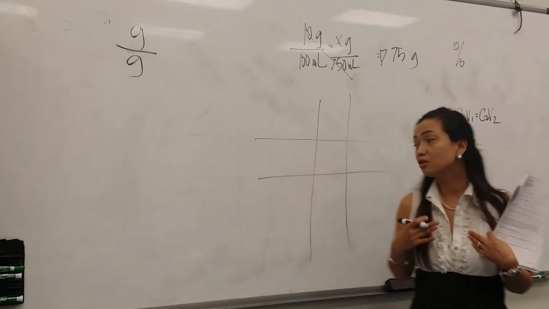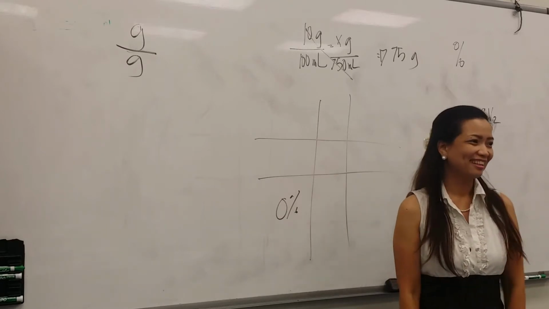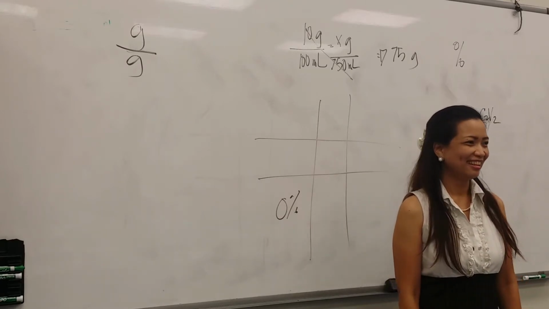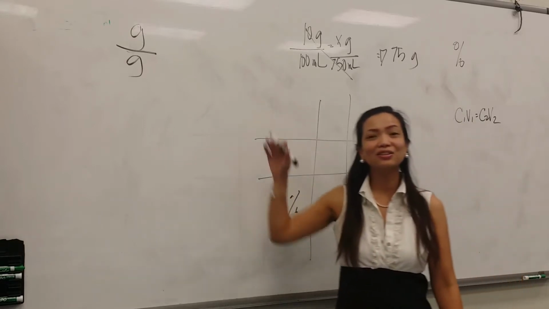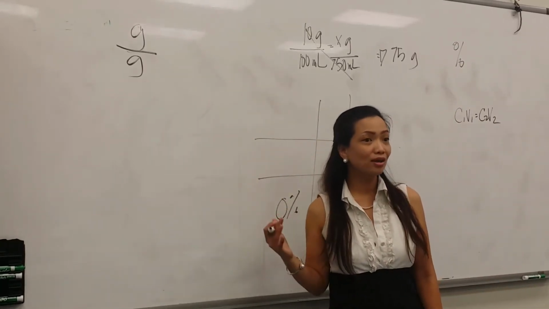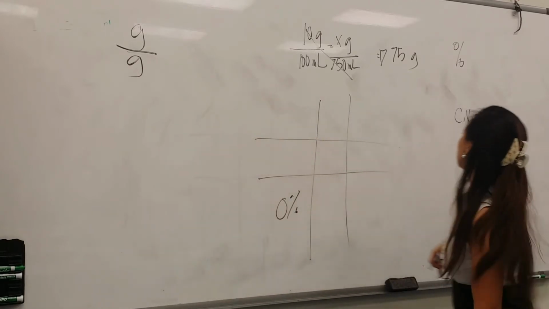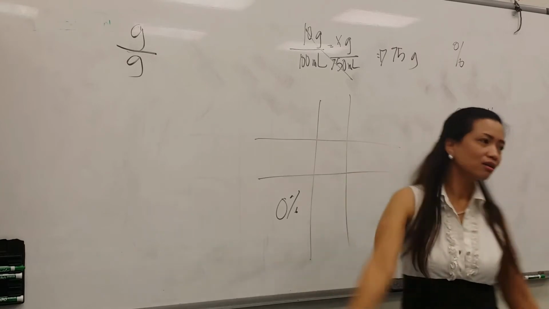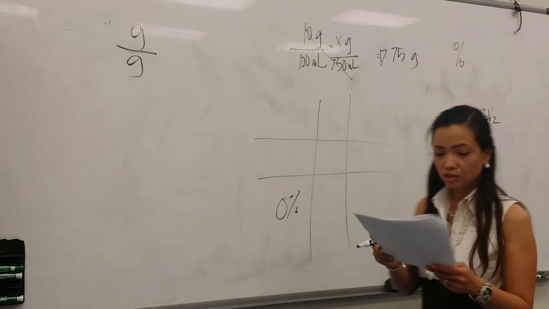Yes, as long as you know that water is 0%. I couldn't get that because I couldn't figure out what the other one was. You can use alligation as long as you know that the other percentage needed is water, and water is always 0%. It doesn't have strength. We'll try to do it both ways. But once I see that it's a dilution problem, I do C1V1 equals C2V2 right away.